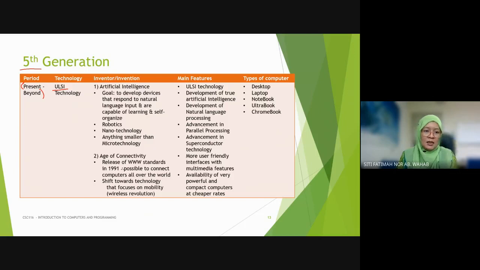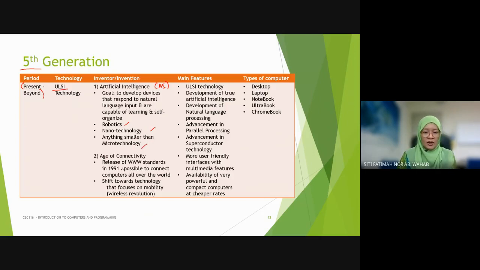It means ultra large scale integration technology. The invention, we have AI, artificial intelligence. The goal of AI is to develop devices that respond to natural language input, capable of learning and self-organized. It is used in robotics, and uses nanotechnology, anything smaller than micro technology.